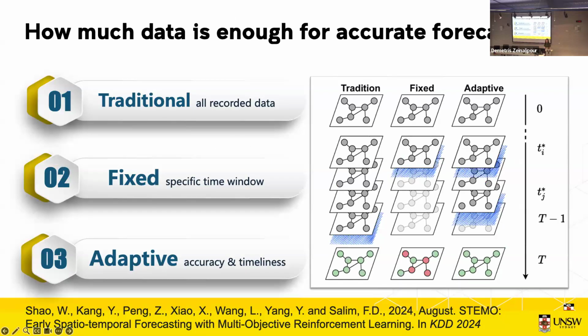Another aspect of using RL, so curriculum learning is one of the paradigms from RL. Another aspect of using RL is, for example, how much data is enough for forecasting? Do you need to collect all your data before you can start? How much do you need? And then we adapt.